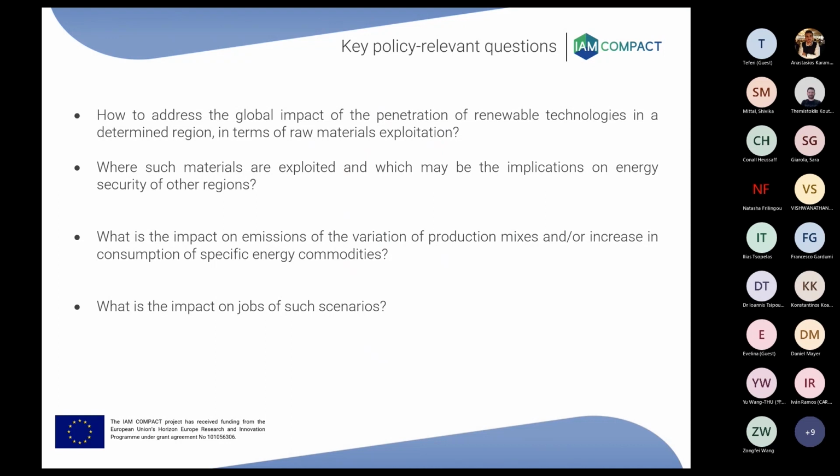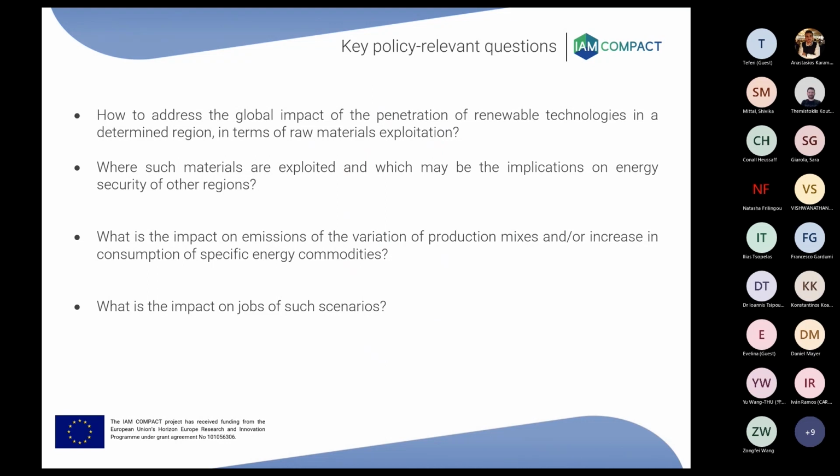Specifically, we use this model for investigating the prospective changes in the demand of raw material, so we can also understand if bottlenecks in the supply of such material may be a problem in future energy transition.